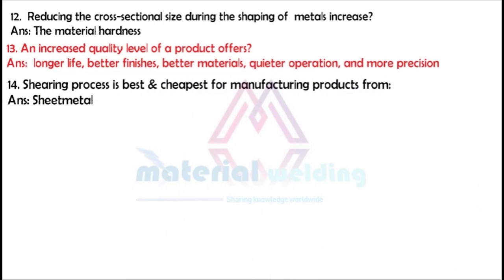Shearing is a process where we use a die to shear the plates, like when we are making automobile sheet metal work, the sheets are cut by shearing. It is very fast and very cheap because a single tool can be used thousands of times.